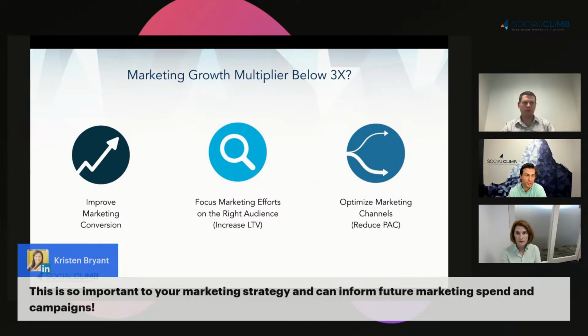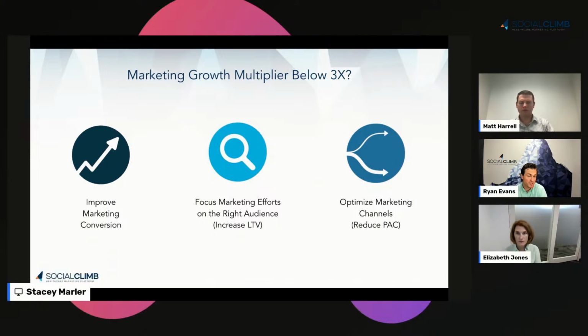You may have a really good message, or what you think is a really good message, but are you targeting the right audience, right? So you see the middle slide, which says focus marketing efforts on the right audience. That increases your lifetime value. If you know that you're going after and attracting the right patients, or if you need more knee patients and that's what you want to target, and hitting them with the perfect message, that's going to increase your lifetime value.